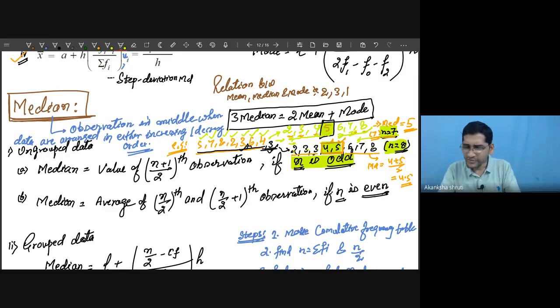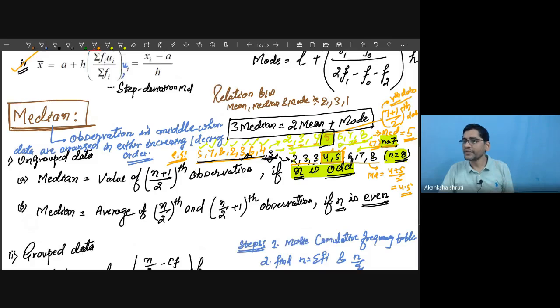Most commonly we say from the beginning itself. So in this case the center data is obtained by 7 plus 1 by 2. So the 4th data, this is nothing but the 4th data. The 4th observation will give us the median.